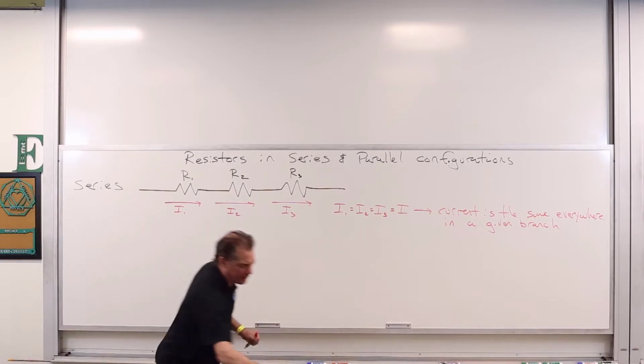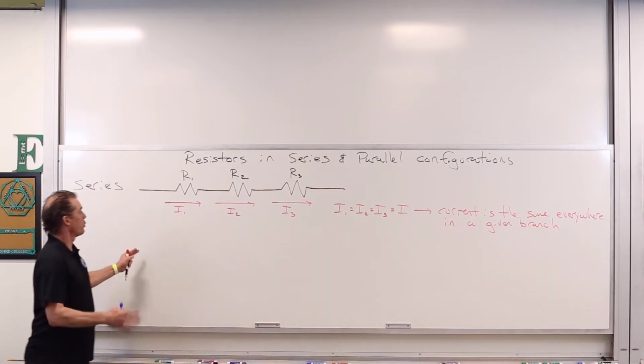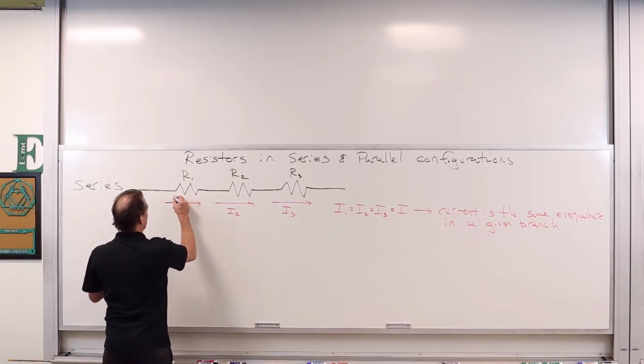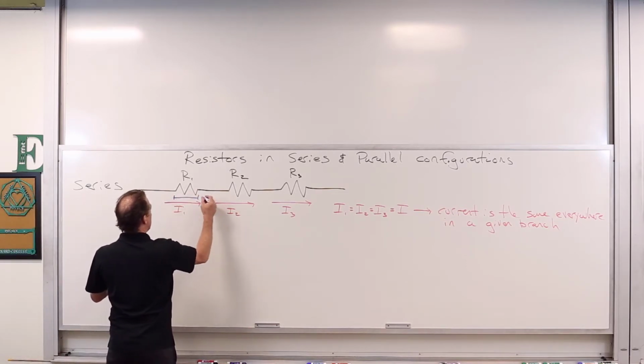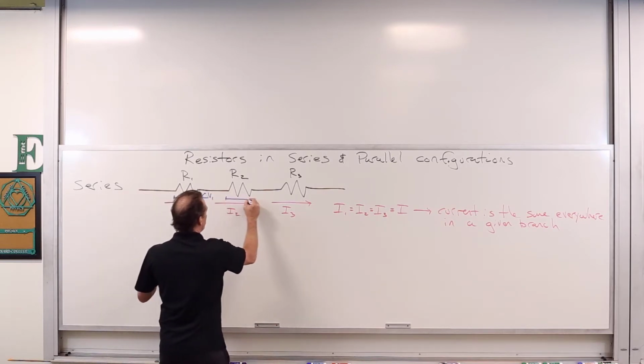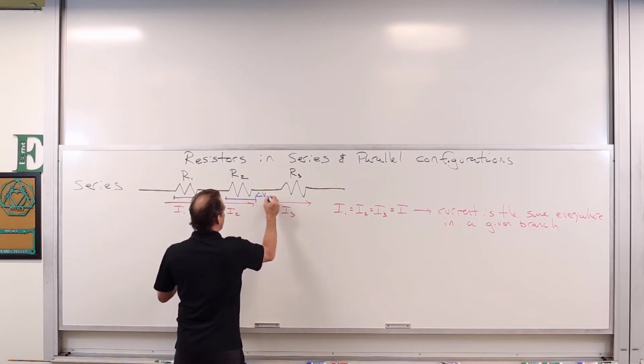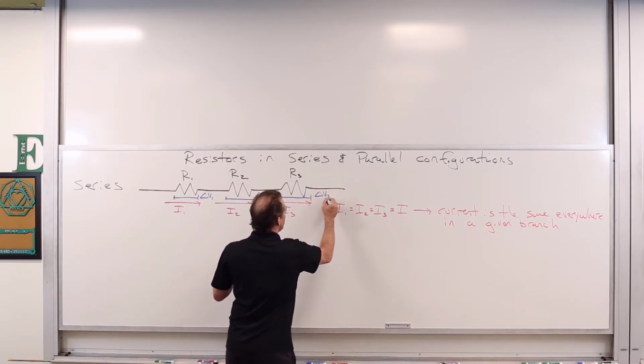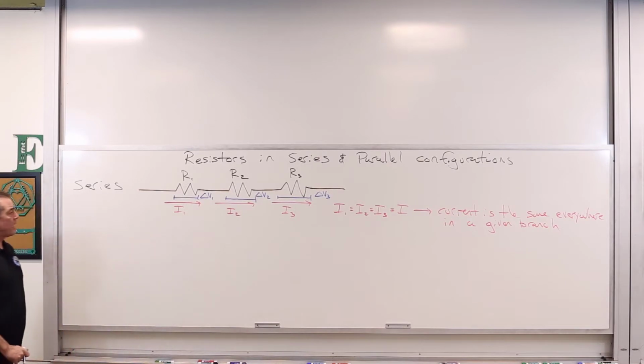Well, what else would we have in here? There has to be some sort of source potential that's driving the current, and we can define a delta V1, a delta V2, and a delta V3. The potential differences across the individual resistors do not necessarily need to be the same.